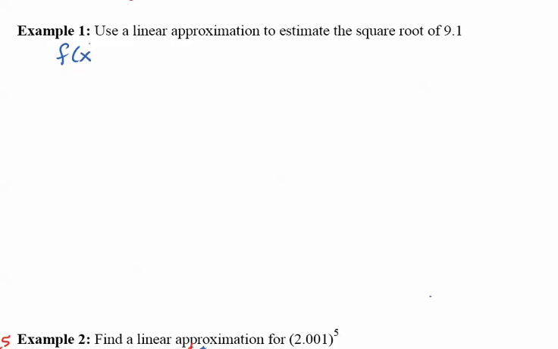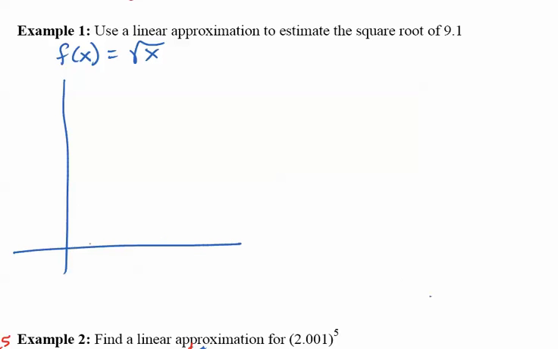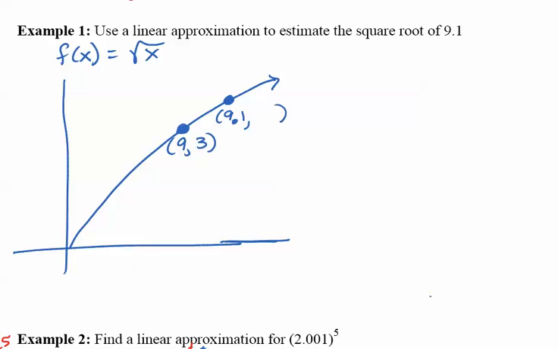So let's graph f of x is the square root of x. And I'm going to exaggerate my graph here. It's really a slow rising graph, so I don't really have this drawn to scale very well. And the idea here is that I don't know what the square root of 9.1 is, but I do know the square root of 9, which is nearby.